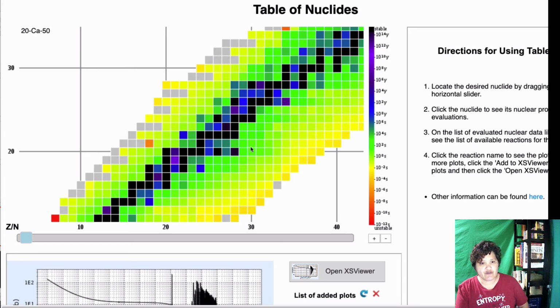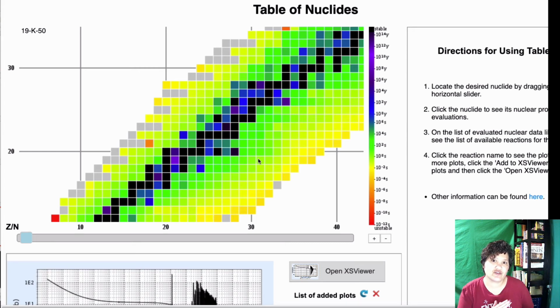Okay, so if you look at this band of stability running diagonally, there's things that are below and to the right, where my mouse is right now, and there's things that are above and to the left, where my mouse is right now. So if you're below and to the right here, you want to get up to the band of stability.